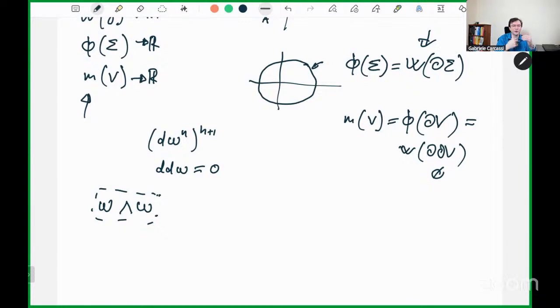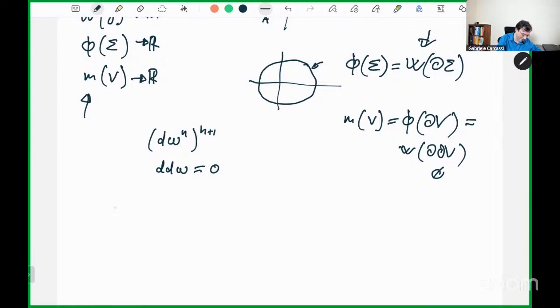Like you're giving me a function on the volume where you're using one form on one side and the other form on the other side. That's what the wedge product is doing. It's taking parallelepipeds and forming functions on the parallelepipeds made.